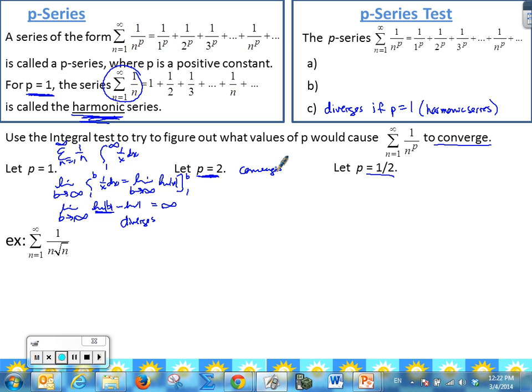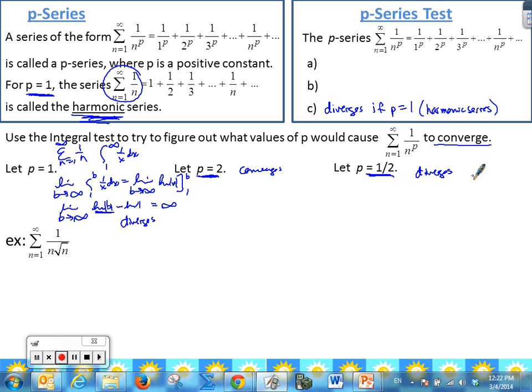So that tells us that when P is greater than 1, the P-series converges. This one at 1/2, if you do the integral test, you will see that the integral diverges. So that tells us that when P is less than 1, it diverges.